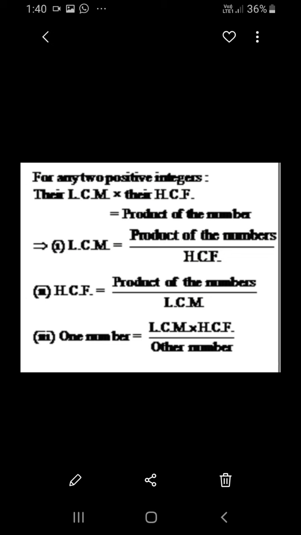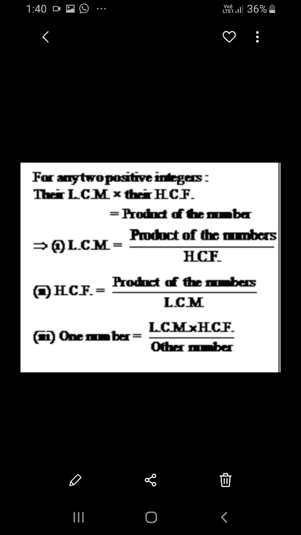From this equation, we can find answers to three different questions. First, to find the LCM: LCM equal to product of numbers by HCF. HCF equal to product of numbers by LCM.